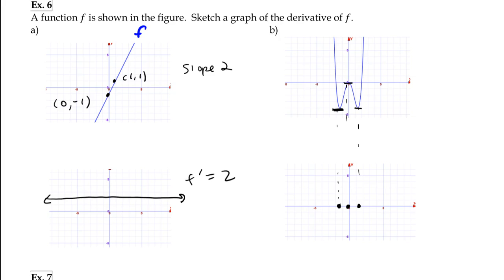Look over here on the left. What is f doing to the left of this? f is decreasing, so the derivative is negative. If I start drawing tangent lines, I have a very negative slope, and then it gets less negative, and then it goes to 0. So very negative getting closer to 0. Now look at this section right here.